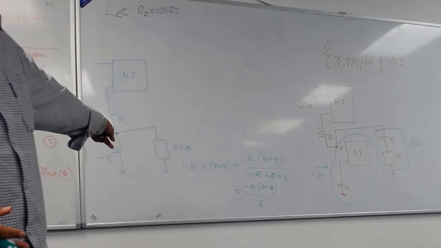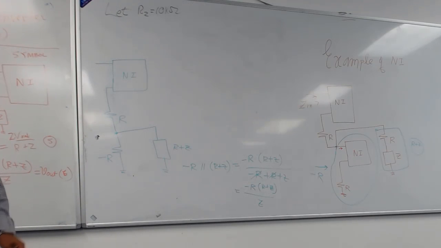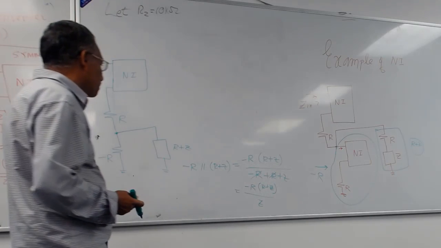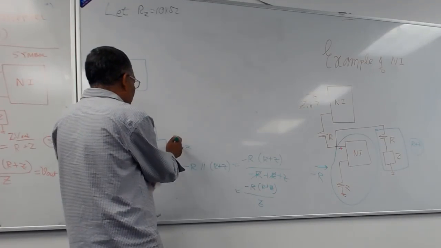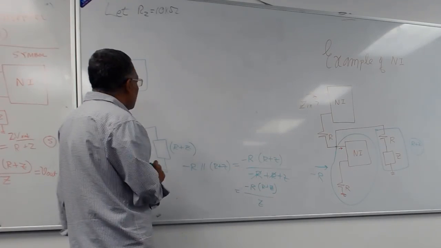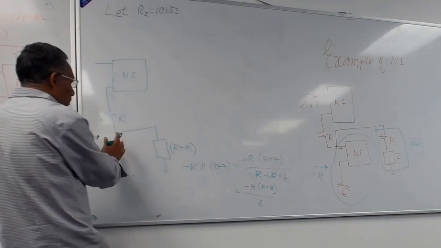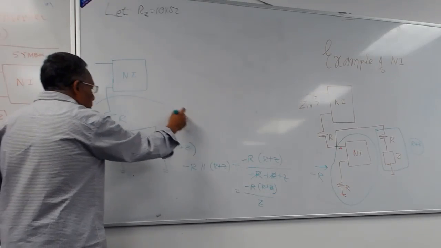You got it? No. I have negative Z, but I don't know. You haven't tried? Try. It's not right though. So minus R in parallel with R plus Z is this. Put the whole thing in one piece.